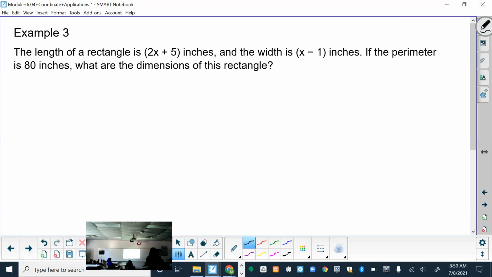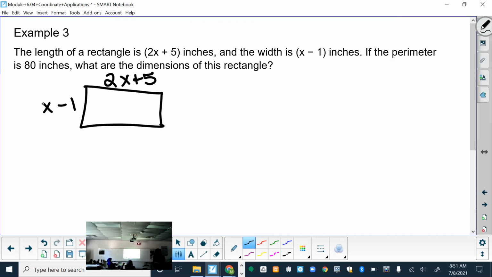So I would probably draw it out. It says my length is 2x plus 5, and the width is x minus 1. The perimeter is 80 inches.